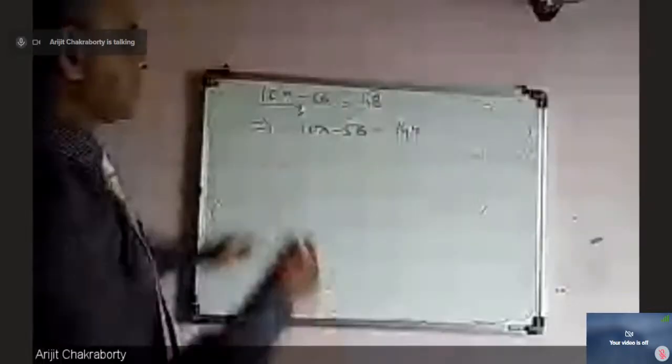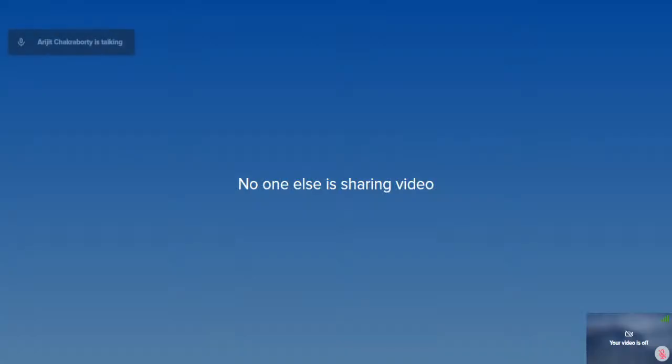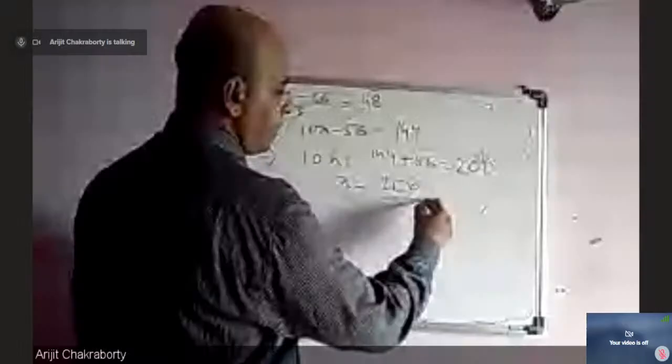So it will be 200. 10x is 200. If x is 20, the other part is 36.